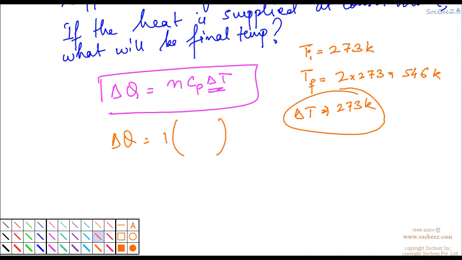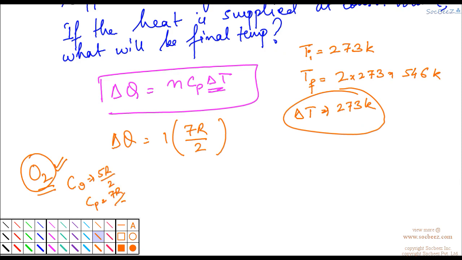Cp we have to think: it is O2, oxygen, a diatomic molecule. For a diatomic gas, which has 5 degrees of freedom, Cv is 5R by 2 and Cp is 7R by 2. We plug in these values, with delta T as 273 Kelvin, to get 7 by 2 into 8.3 into 273.